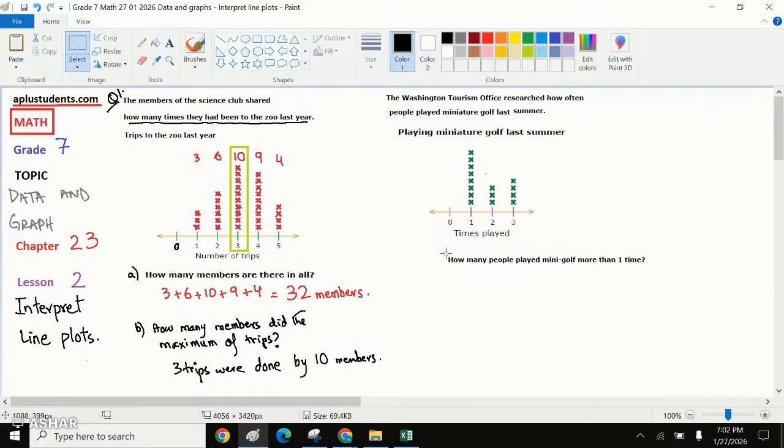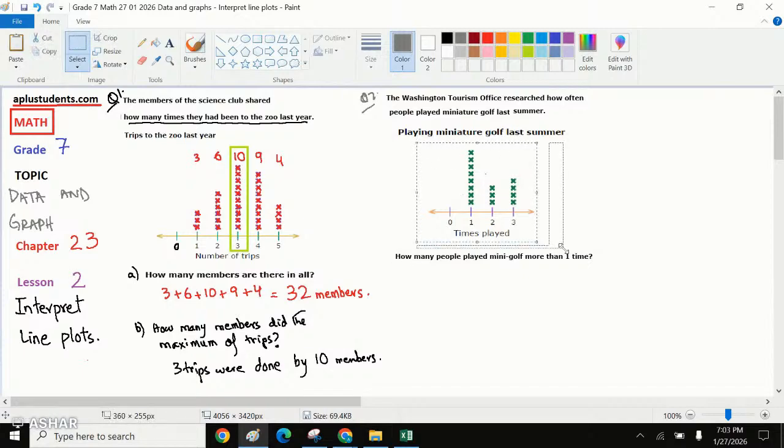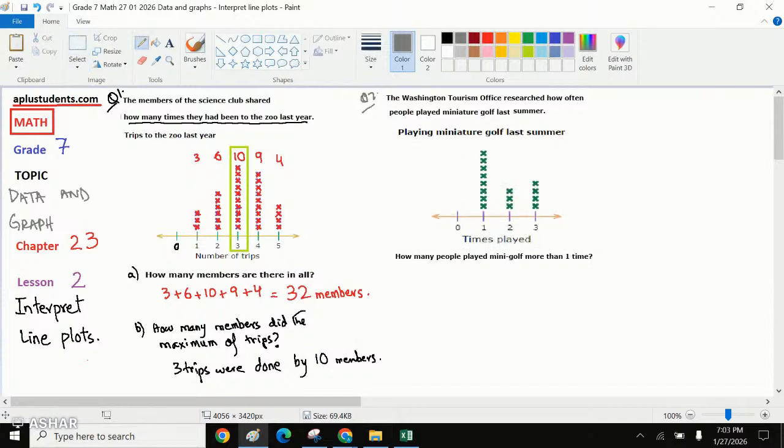Okay. And they're asking us how many people played golf more than one time. Question number 2. See, the golf played zero times was by none, right? No one played 0 times.